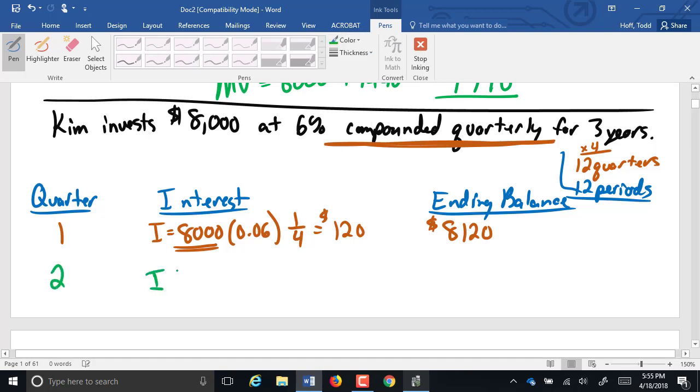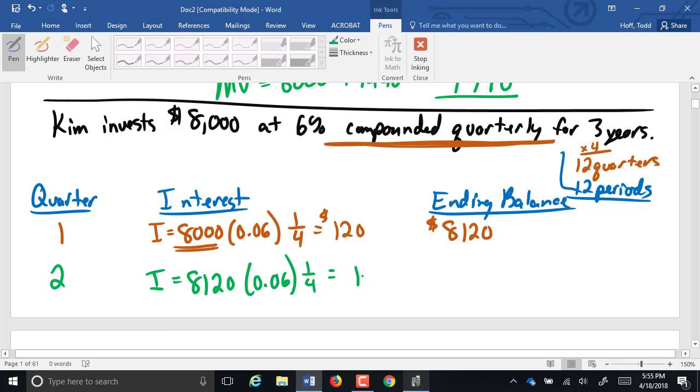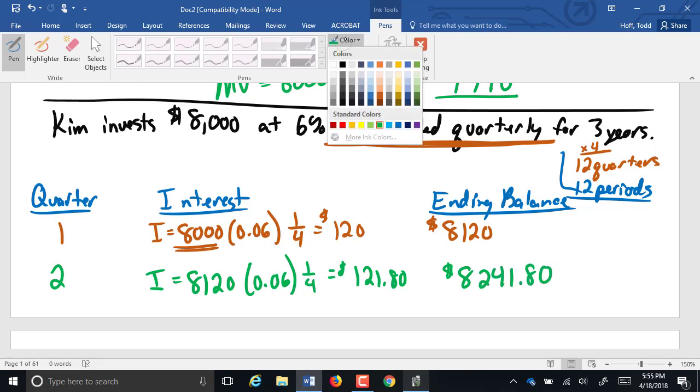In quarter 2, our principal is $8,120 times 0.06 times 1/4. Gives us $121.80 in interest. So that means we have $8,241.80 as our ending balance.